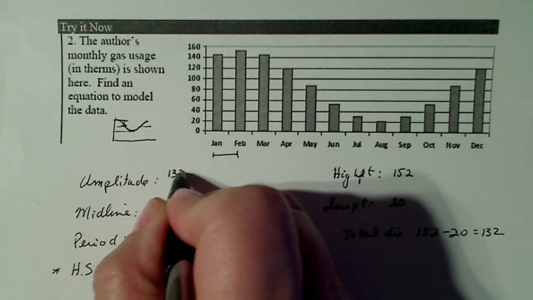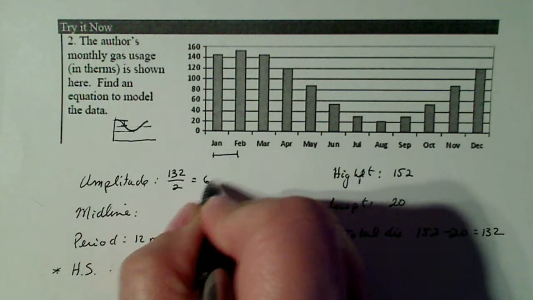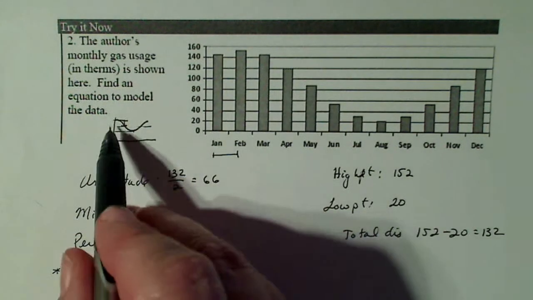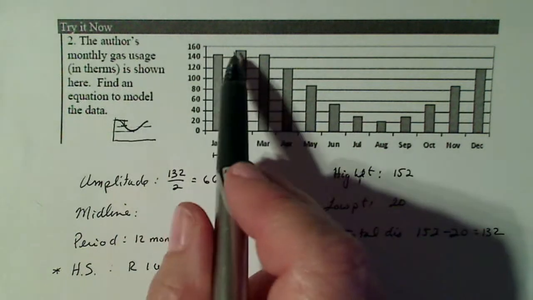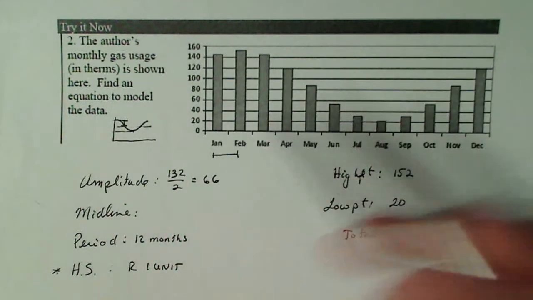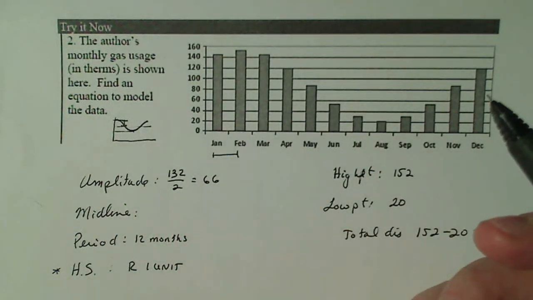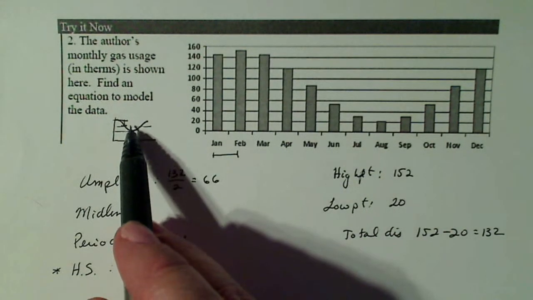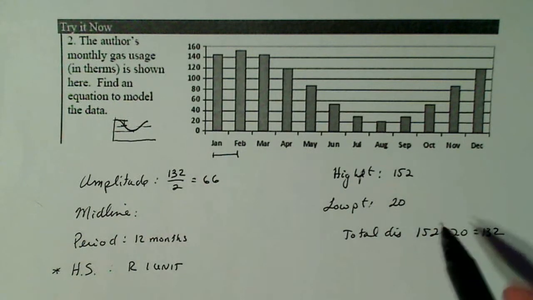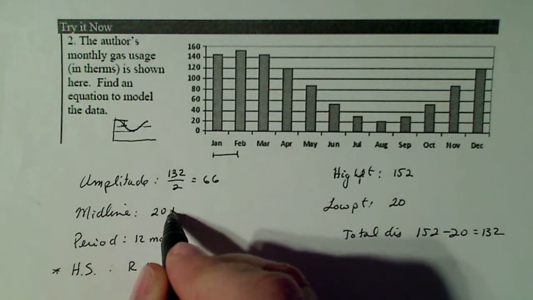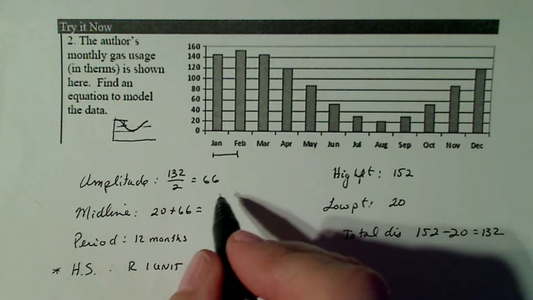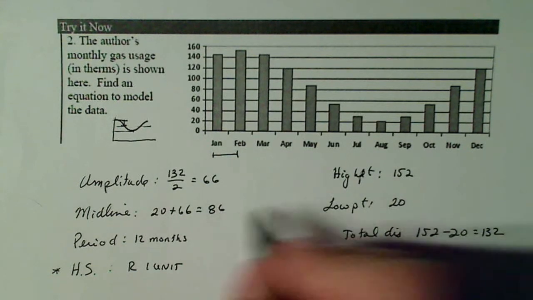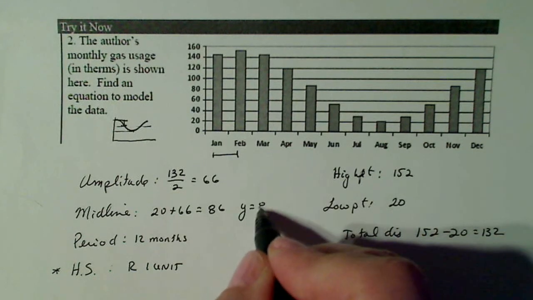So the total distance divided by 2 is going to give me my amplitude of 66. And the A value is actually going to be positive because my cosine graph starts at the top and goes down. It's not upside down from a normal cosine graph. Now my midline occurs at the low point plus 66. So my low point is 20 plus 66, which gives me my midline, which then is going to occur at 86. So that's y equals 86.